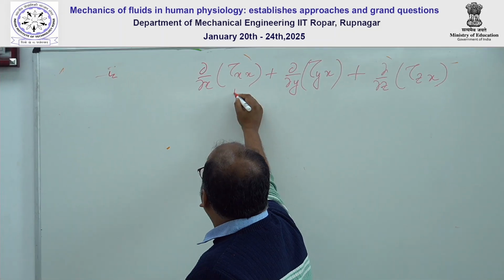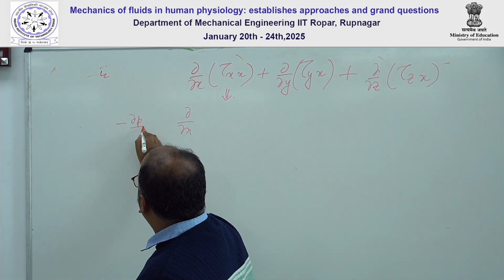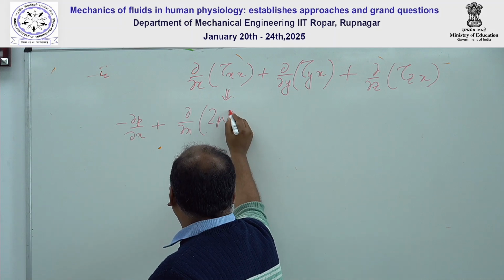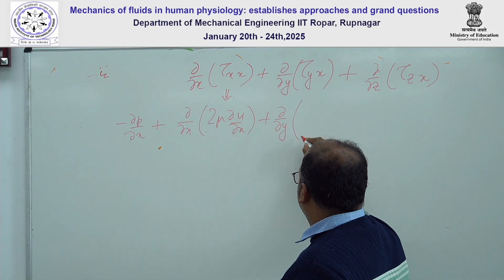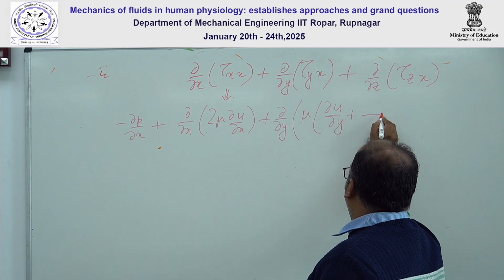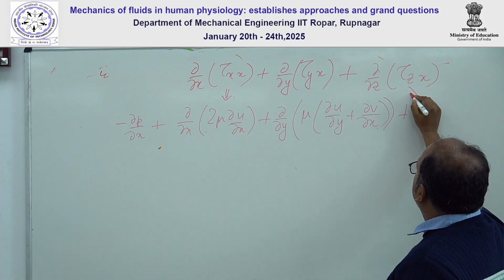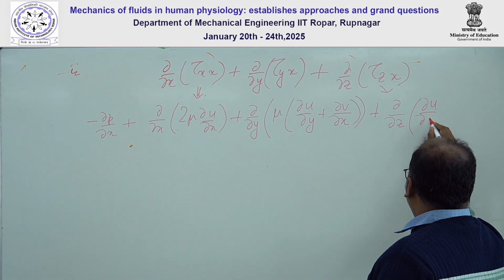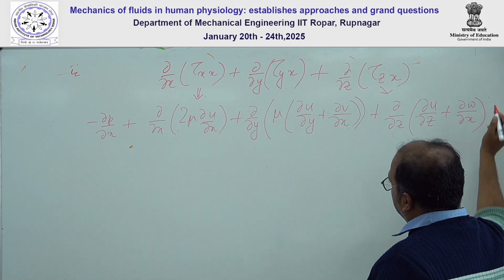If we individually write, let's say we take the x component here, this will be 2 mu ∂u/∂x, plus ∂/∂y of mu into (∂u/∂y plus ∂v/∂x). Similarly, this one, ∂/∂z, will be ∂u/∂z plus ∂w/∂x.